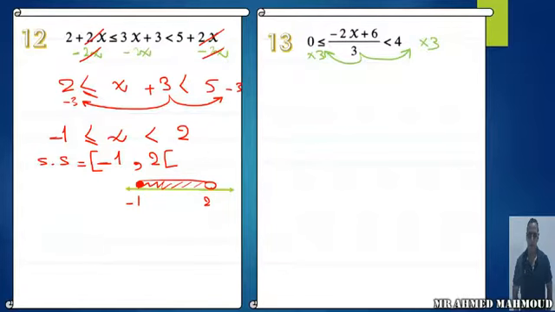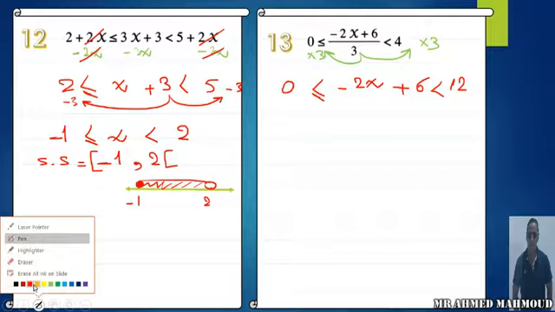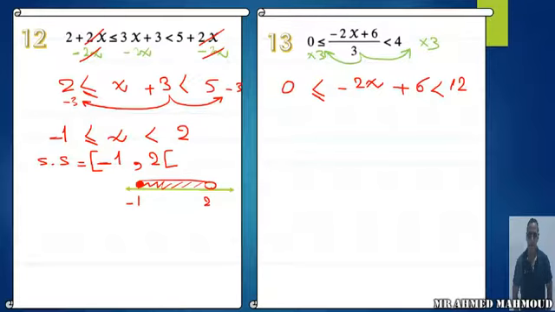Here 0 times 3 equals 0, less than or equal to negative 2x plus 6, less than 4 times 3 equals 12. Now I'm going to send plus 6 here to be minus 6, and here also minus 6.